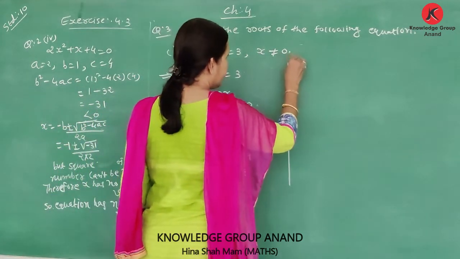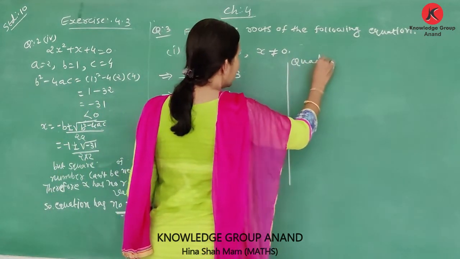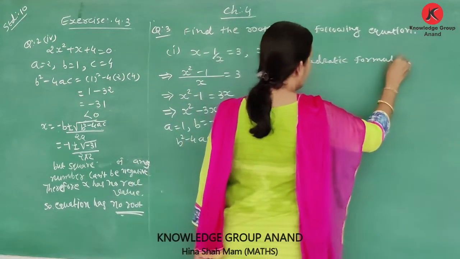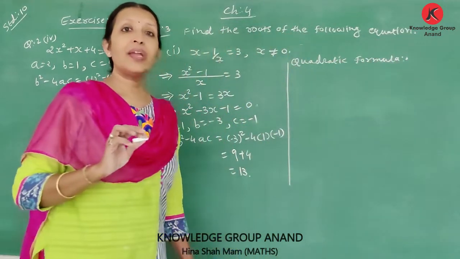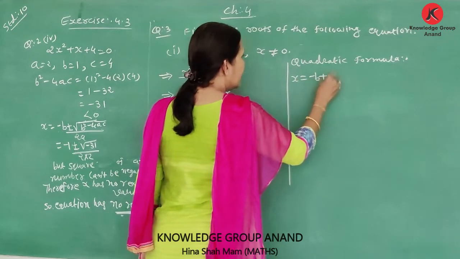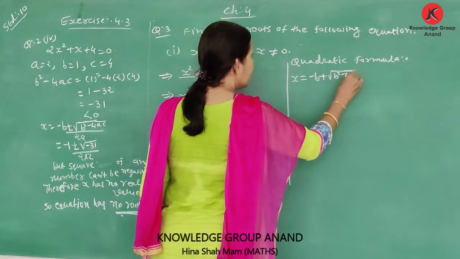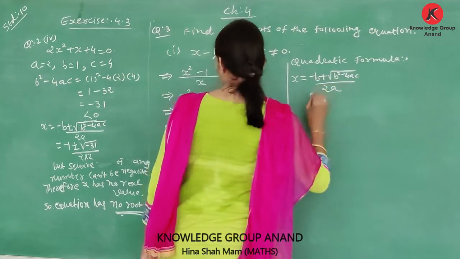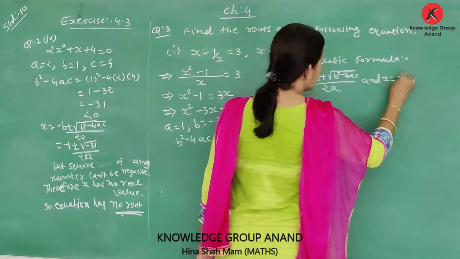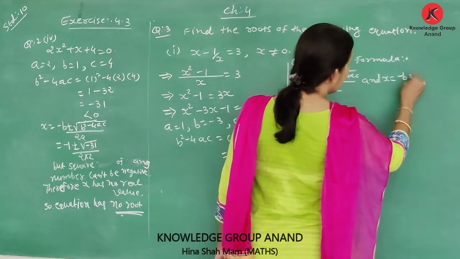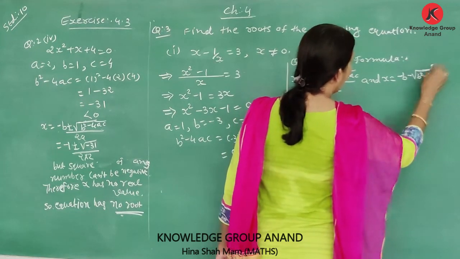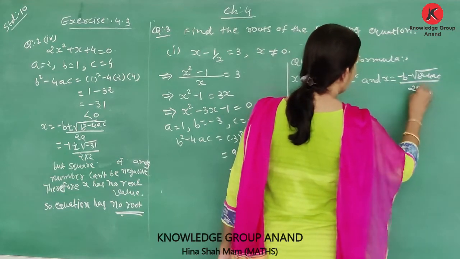Quadratic formula. What is the quadratic formula? You know, x is equal to minus b plus under root b square minus 4ac upon 2a, and x is equal to minus b minus under root b square minus 4ac upon 2a.